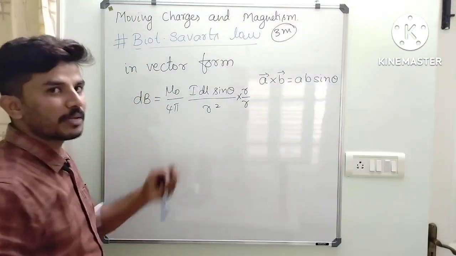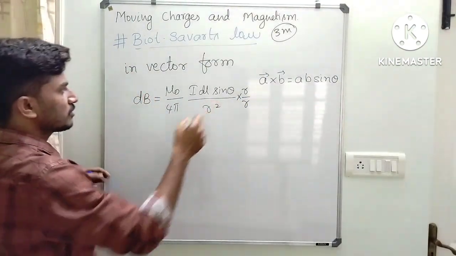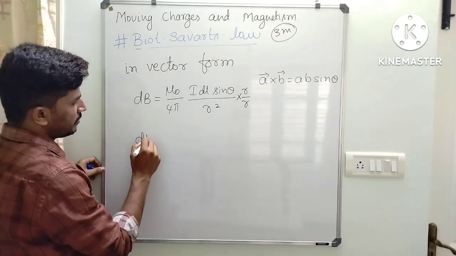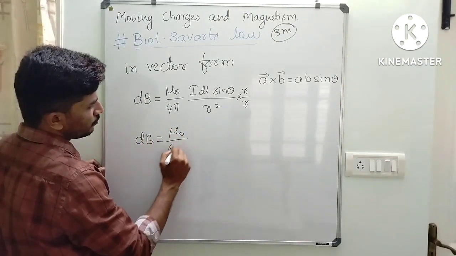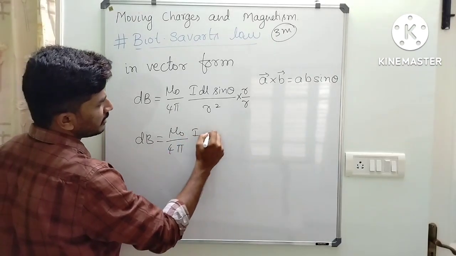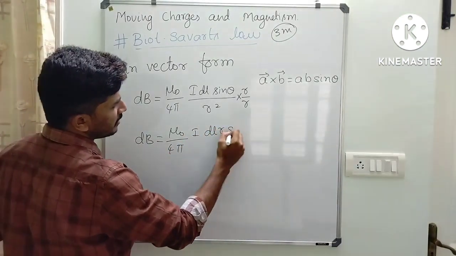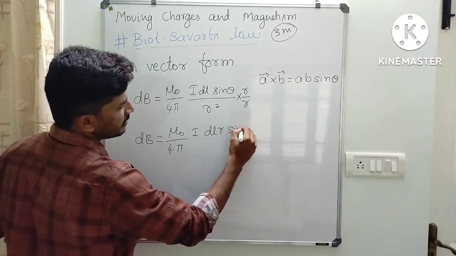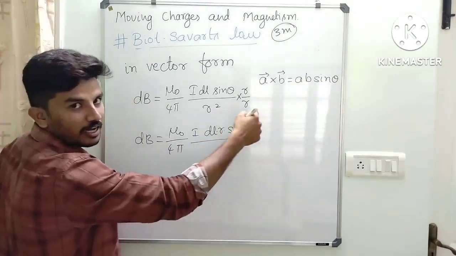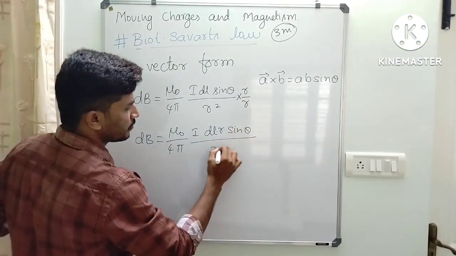So what I will do is, I will take one more parameter, that is R. Multiply by R and divide by R, so that you will get dB is equal to mu naught by 4 pi I dl R sin theta divided by R square into R cube.